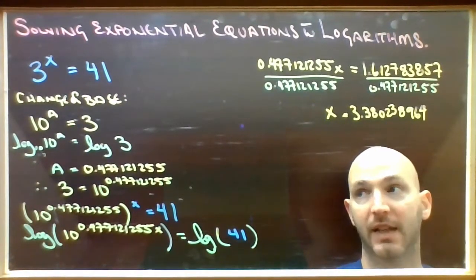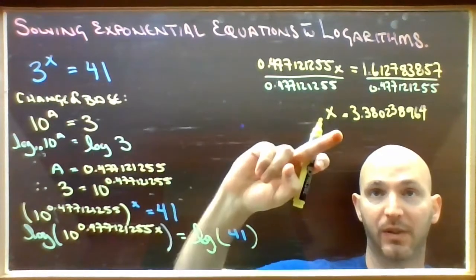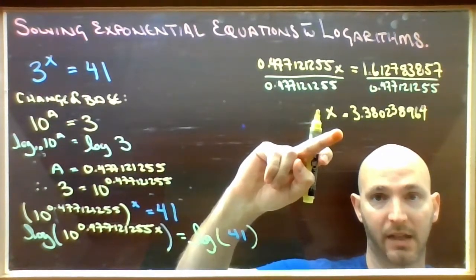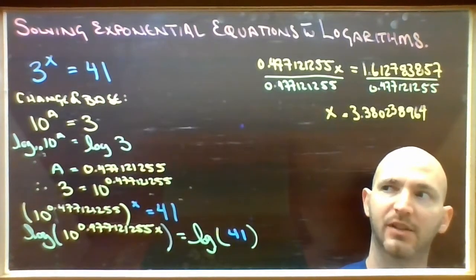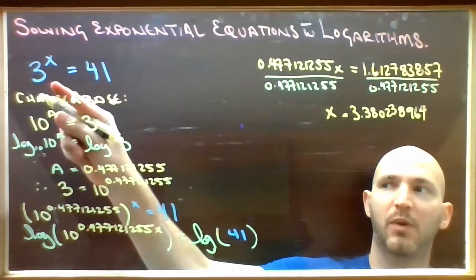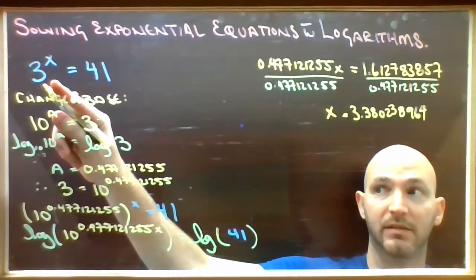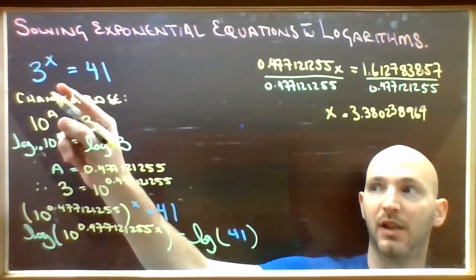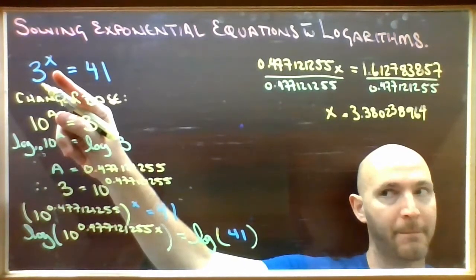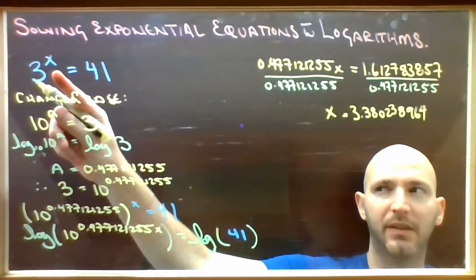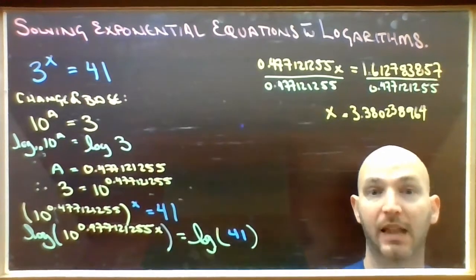And if you were to check that, 3 to the exponent 3.380238964 should give you 41 on the nose. And I can check that because 3 to the exponent 3 would be 27. That's not enough. 3 to the exponent 4 is 81. That's too big. So I'm expecting a number between 3 and 4, which is exactly what I have there.